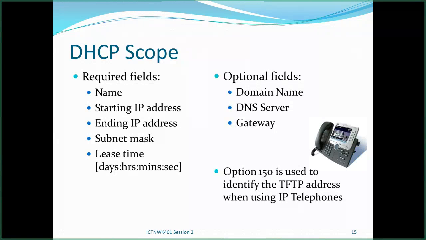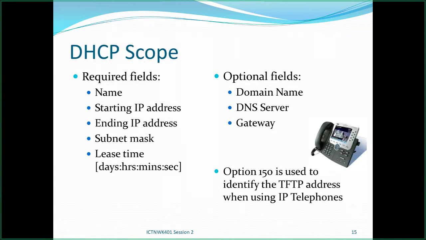Okay, so when we assign an IP address out to a client, it's called a lease, and that lease is the amount of time that that client can have that IP address set, and that's measured in days, hours, minutes, and seconds. At the end of the lease, we have to come back and get a new lease. So a new request is sent out by the client, and we go through the whole process again.